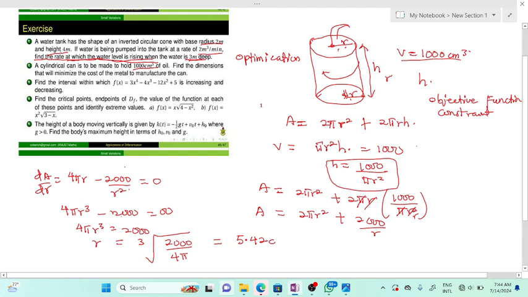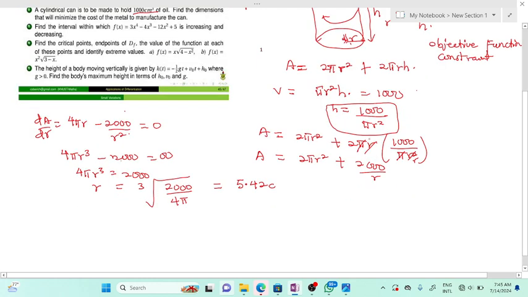So at this point, since we have our r, you know that our h is equal to 1000 over pi r squared.